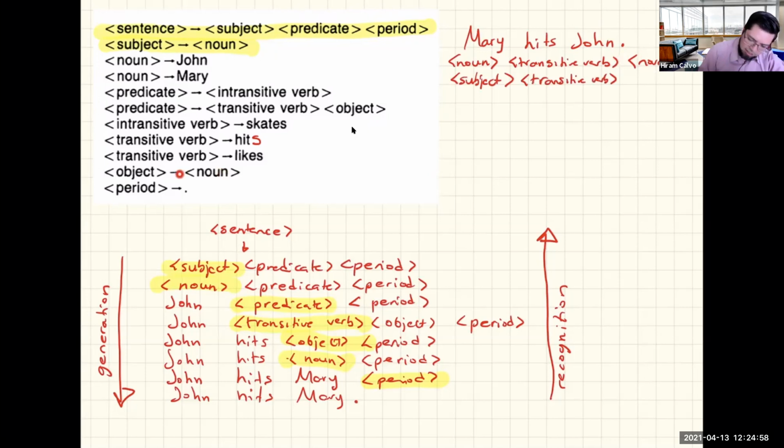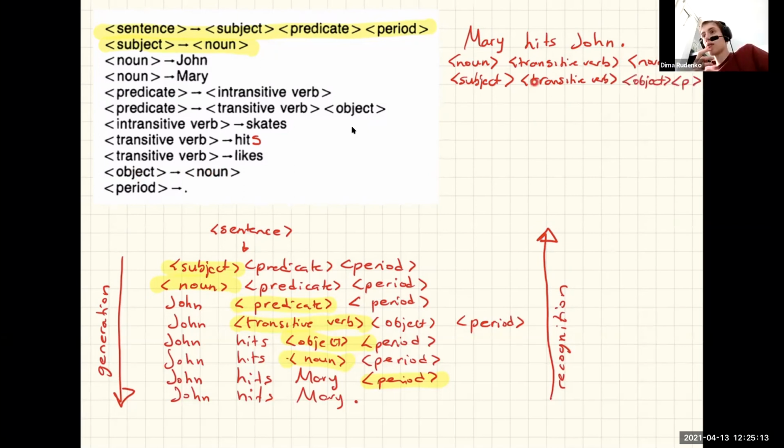Why? Because I can use this rule backwards. Noun is an object. So now this will be object. And period is the same. I will just write P. Now that we have this pattern, transitive verb and object, I can make this a predicate. A transitive verb followed by an object is a predicate.